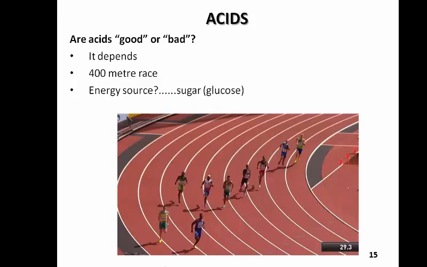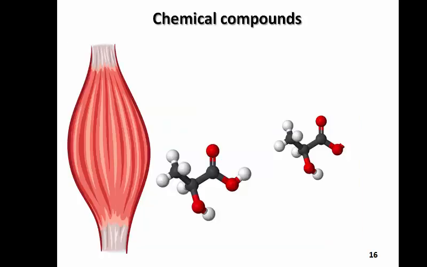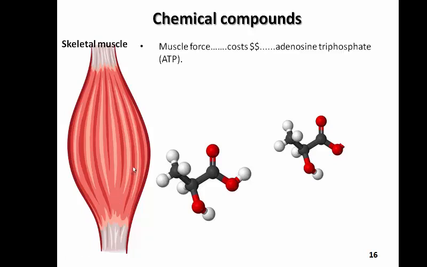One of the premium fuels used in this high-intensity race is a sugar that we call glucose. So inside a skeletal muscle cell, to produce force, it costs money. And that money, in the form the muscle cell will recognize, is called adenosine triphosphate.